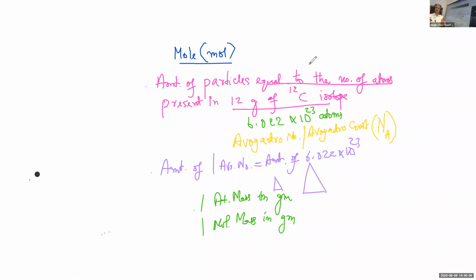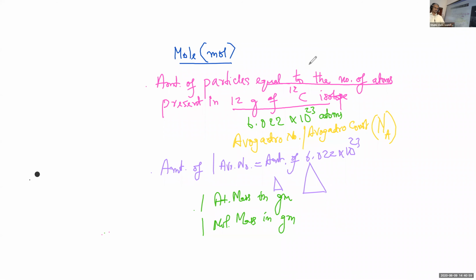This is just like one dozen. We give importance to the number only. 1 dozen is equal to 12 numbers. Similarly, 1 mole is related to the number of atoms, molecules, ions, electrons, protons.